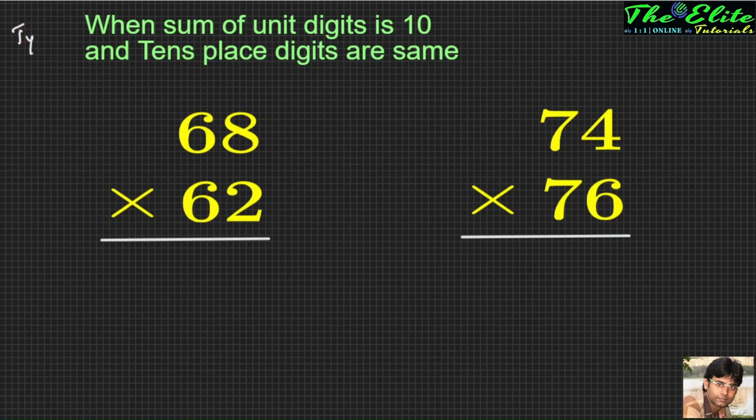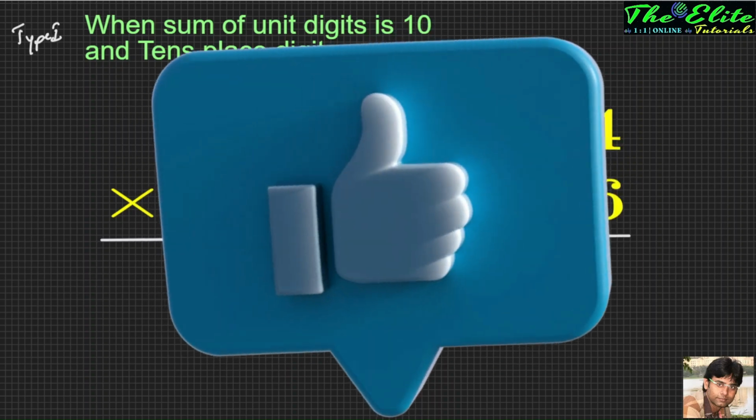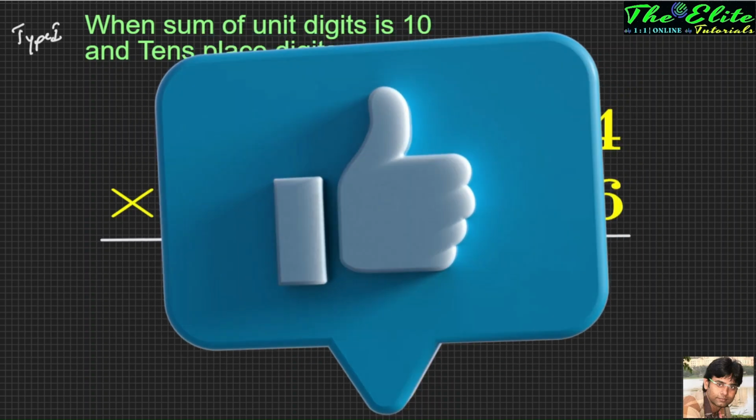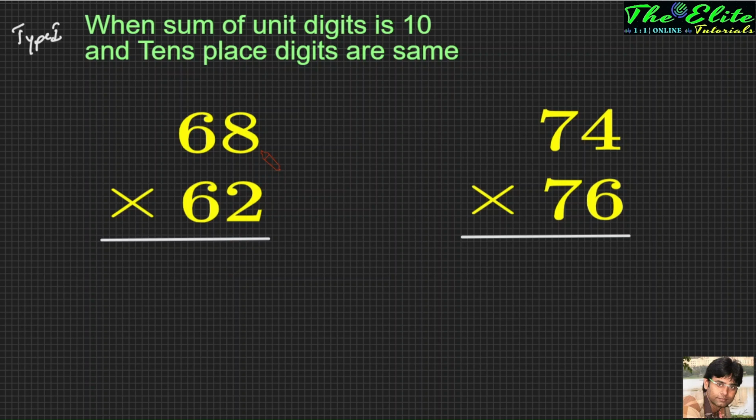As I told you, when the sum of the units is 10 and the tens place digits are the same, in this type 1 problem, what you have to do is very easy. You are going to multiply these two unit digits and you will write the product, whatever it comes. 16 is coming, so you will write 16.